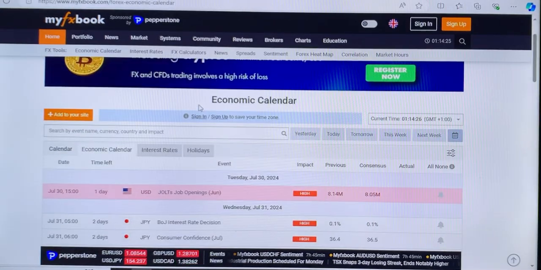But yeah, this is my fundamental analysis calendar, and I use my MYFxbook. There are a lot of fundamental analysis tools. We have Bloomberg, we have a lot, but my MYFxbook, I stick to it because I understand it more and it's user friendly. Thank you. I hope this video is helpful to you.